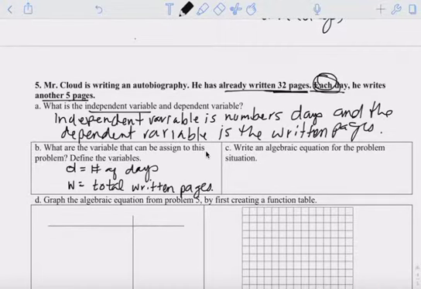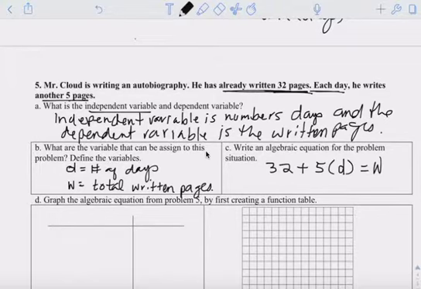He starts out with 32 pages already written, so 32 plus, each day that he writes, 5 pages for each day, so times the number of days, equals the total pages he's written, W. My kids are reading, that's why.